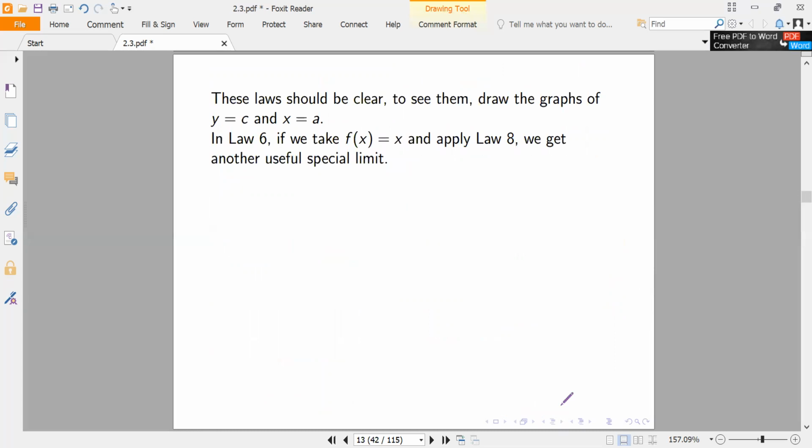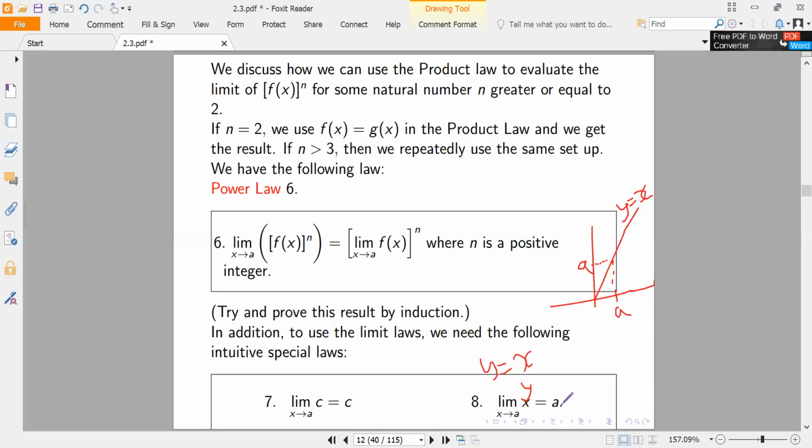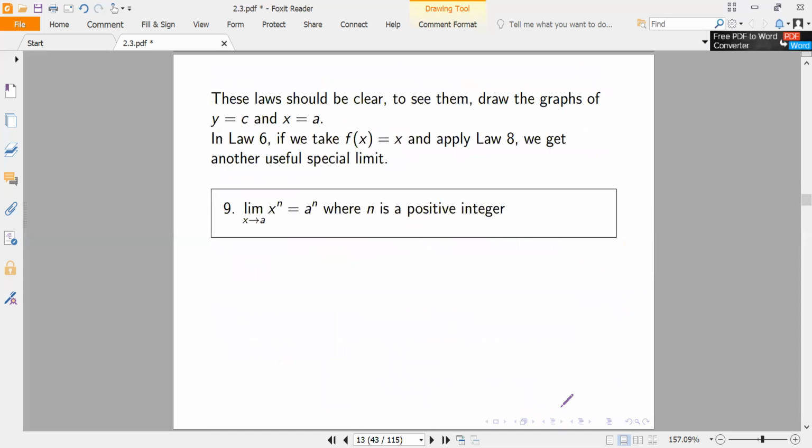Number 9 just builds on number 8. If we have x to the power n, and n is 2, that means you have a parabola. The limit as x approaches a of x squared will just be a squared. That is what this rule means. And again, n needs to be a positive integer. For the very same reason, I want you to take a moment and investigate why we need to specify that n needs to be a positive integer.